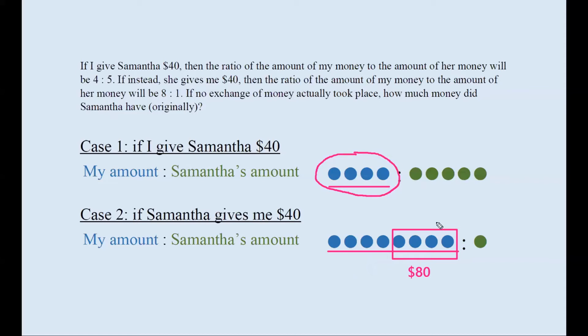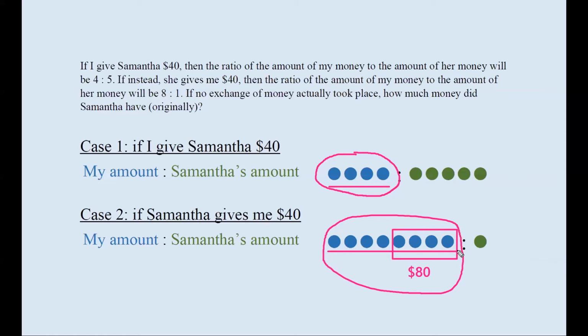So whatever my original amount is, this is my original amount minus $40. And what's this? Whatever my original amount is, these 8 blue circles represent my original amount plus $40.